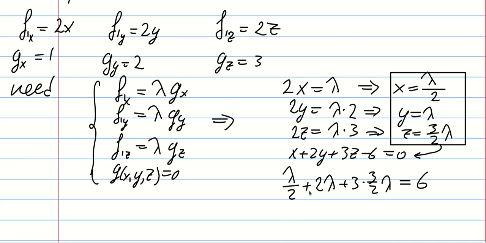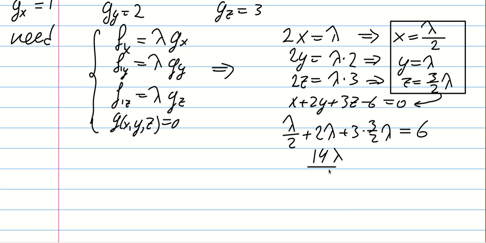So what do we get? 2 is a common denominator, so it's 1 plus 4 plus 9, so 14 lambda over 2 is equal to 6. So lambda is equal to 6 divided by 7. All right, so we figured out lambda.